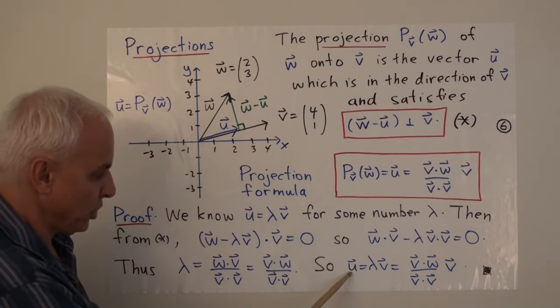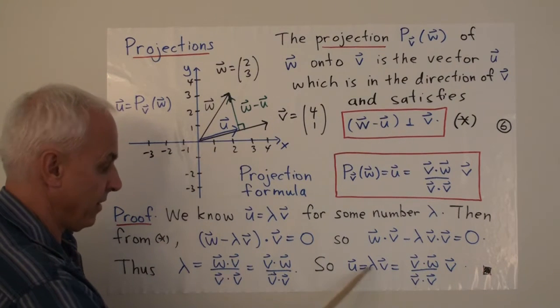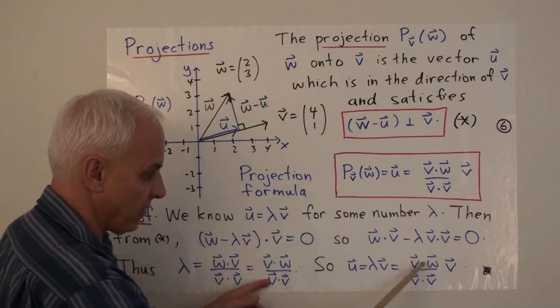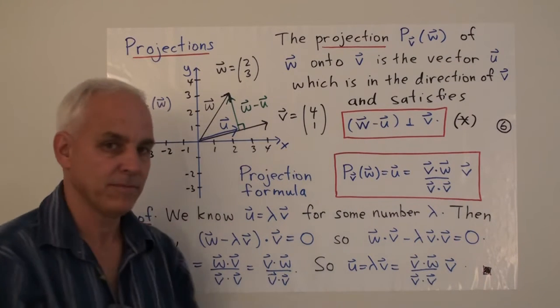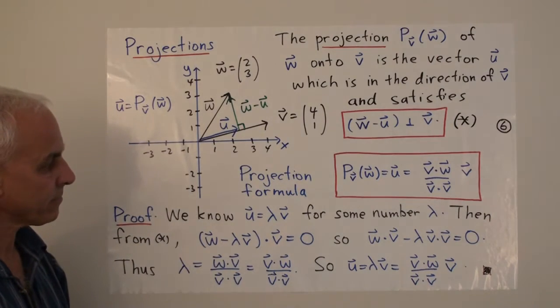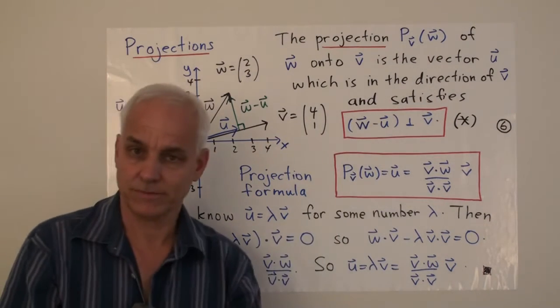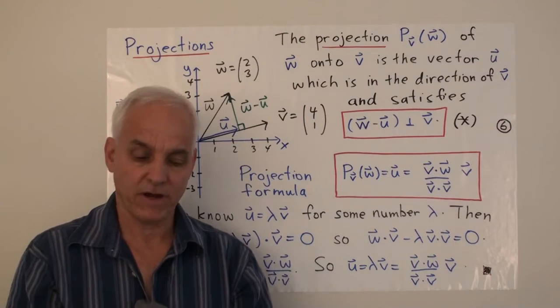So in conclusion, U is equal to lambda times V. Lambda is this, so we just write it down: V dot W over V dot V times V. It's a very important formula. Very important, very useful.